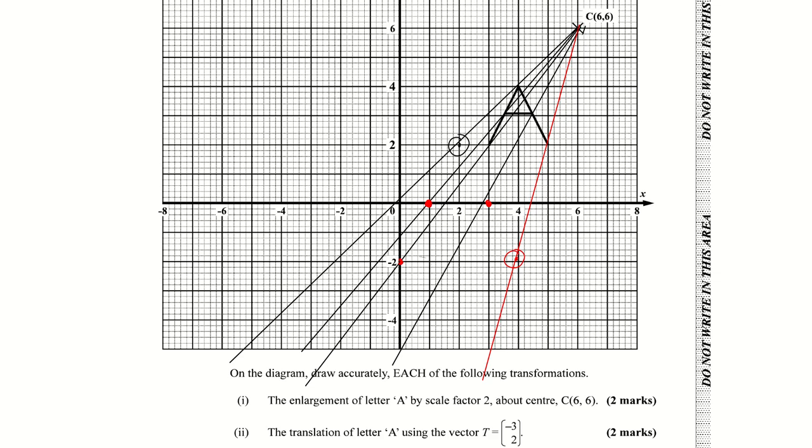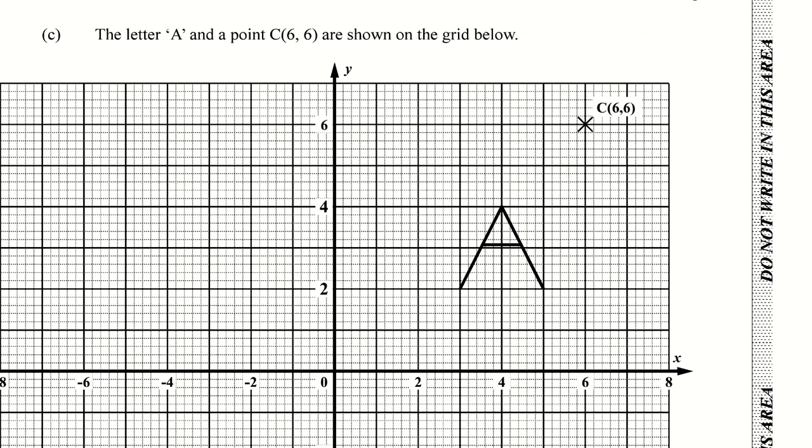So when you're doing a question for enlargement, and they give you a center of enlargement and they give you an image, let's zoom in, you are going to draw a line from your center of enlargement to your object, and you're going to extend that line because we don't know how long it is. Then you're going to do the same thing for each coordinate.